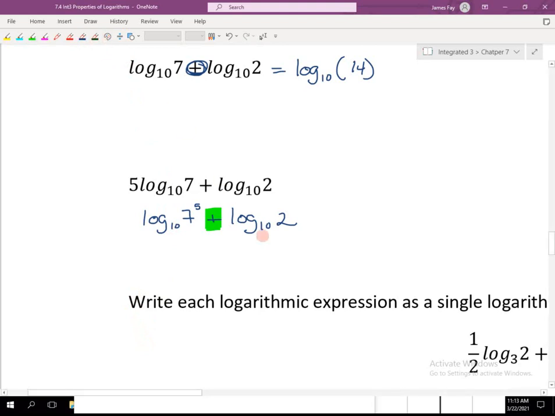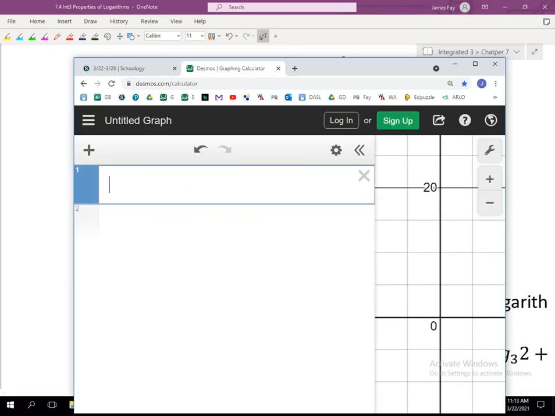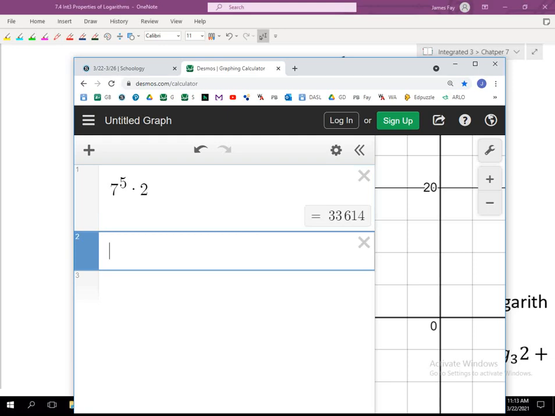Multiplication. So I'm going to rewrite this now as log base 10 of 7 to the 5th times 2. Now, depending on some of these numbers, 7 to the 5th is pretty big, but not undoable.